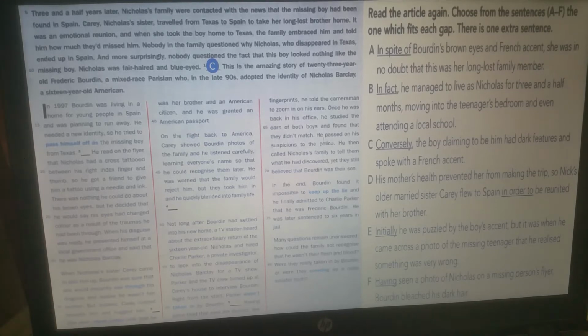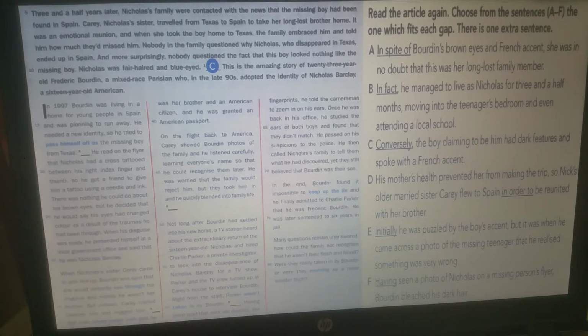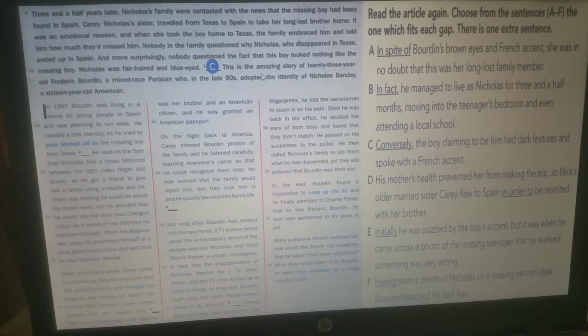Whereas, on the other hand, conversely, the boy claiming to be him had dark features and spoke with a French accent. The French accent is also shown in the continuation of the text. This is the amazing story of 3-year-old Frederick Burdin, mixed race, and Parisian. So, French accent, Parisian, here we have the connection.